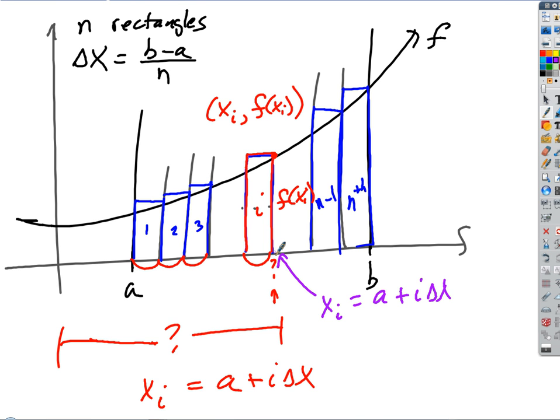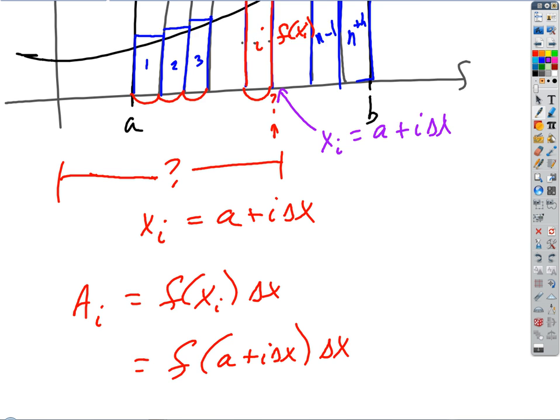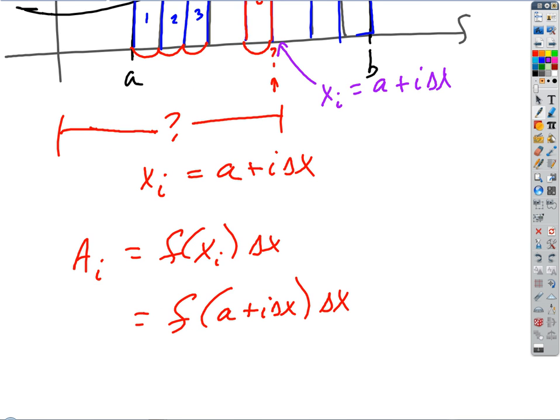So there's the area of the ith rectangle: the value of the function at x sub i times delta x. Our job is to find out what that looks like for whatever curve we're working with, and then add it up.